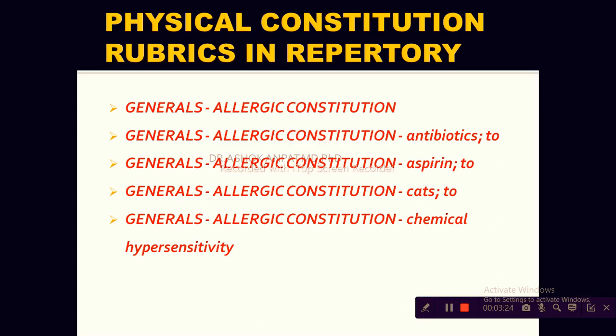So the remaining rubrics of allergic constitution are: general allergic constitution antibiotics to, aspirin to, cats to, chemical hypersensitivity.